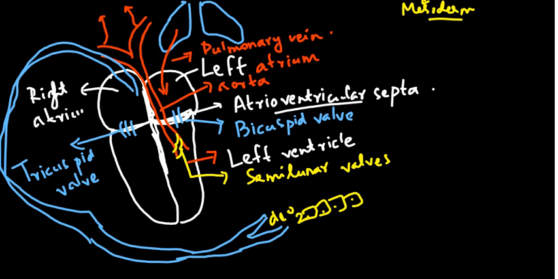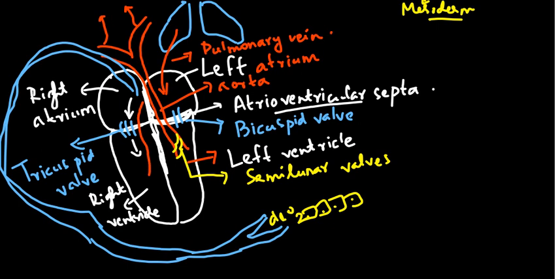When the right atrium contracts, the deoxygenated blood will pass on to the right ventricle. From the right ventricle, the deoxygenated blood will be carried towards the lungs.